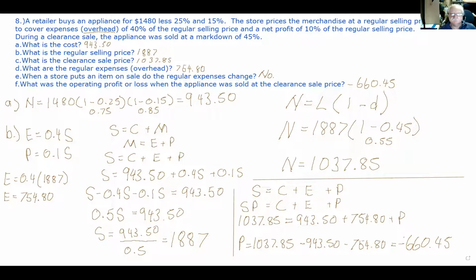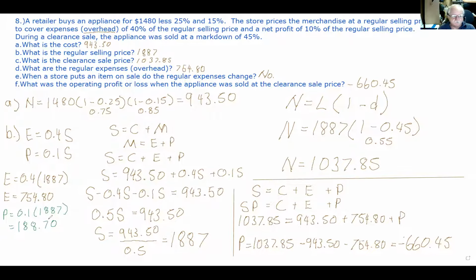We could have figured out their profit is equal to 0.1 times 1887. Let's see what that is. 188.70.